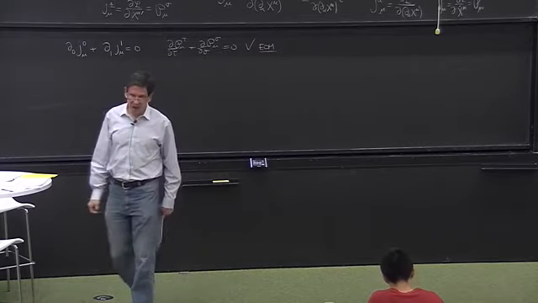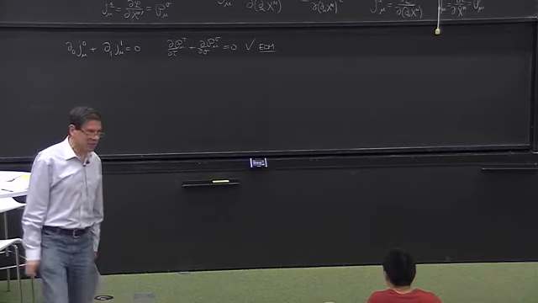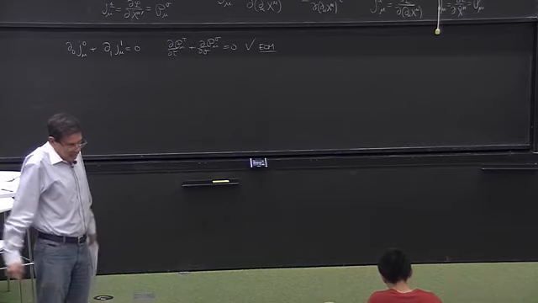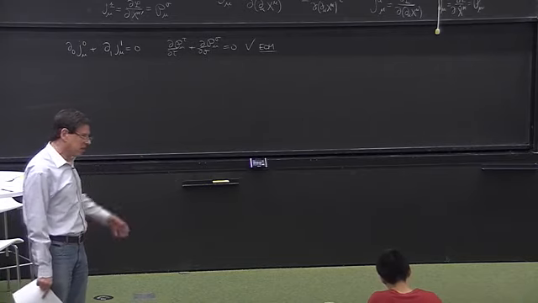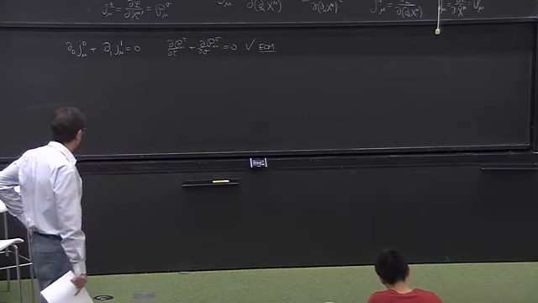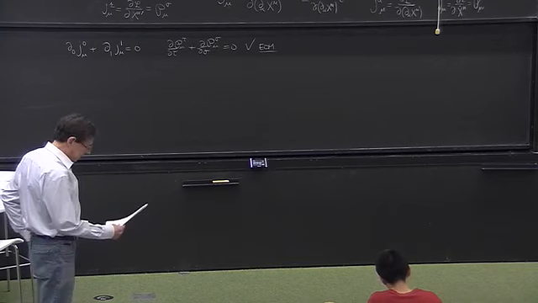So the current conservation, in fact, is our equation of motion, and that is fine. That's what happens with free objects when you have this kind of momentum conservation.